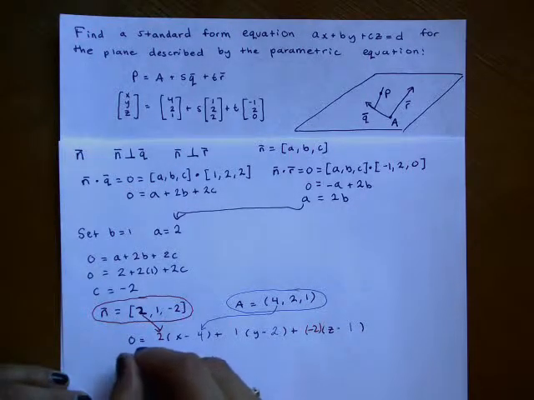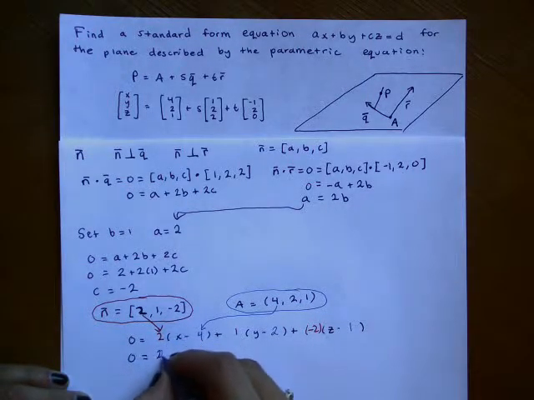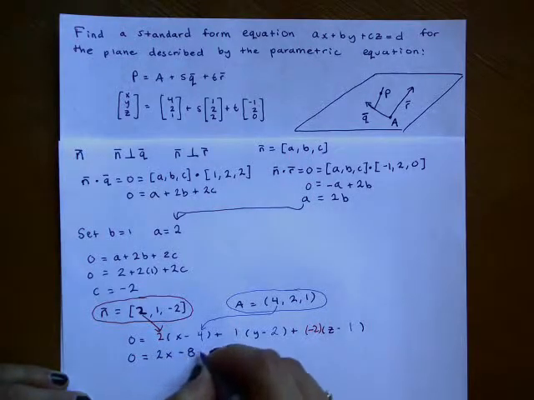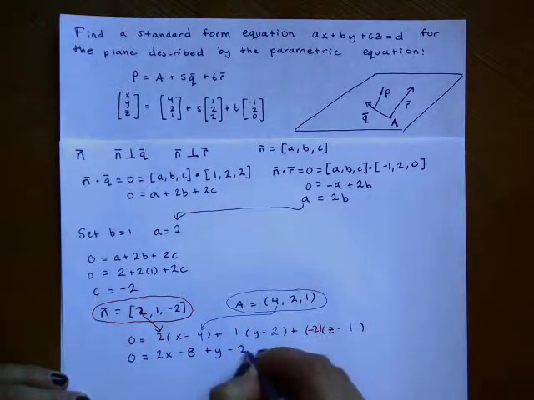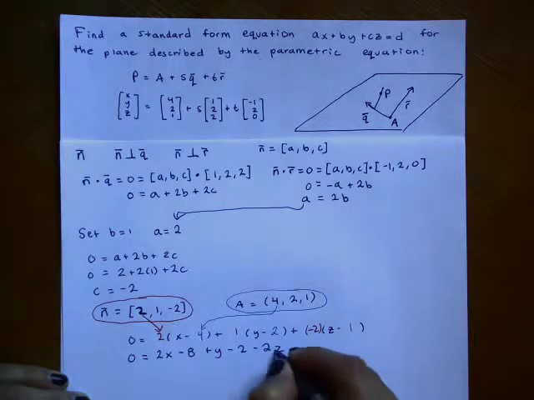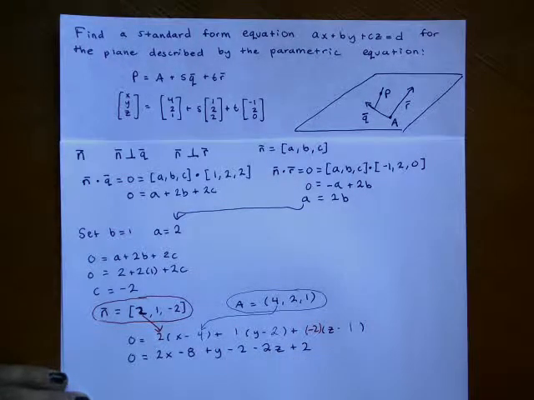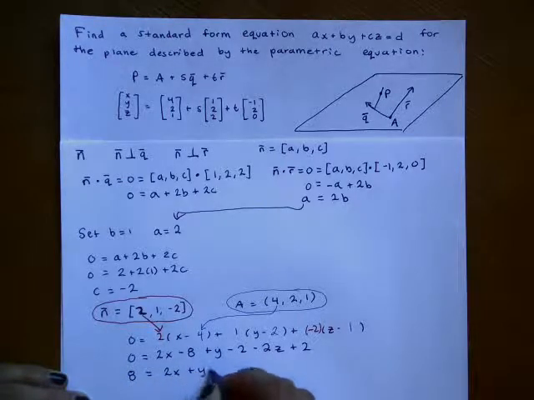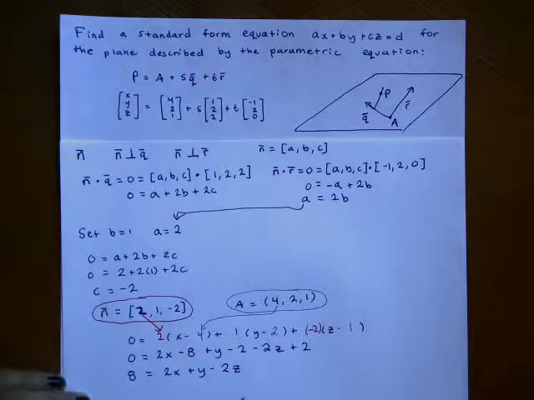So let's just expand this equation, and then we'll simplify it. So I've just moved all of the variables onto one side of the equation. So this is our standard form equation for the plane above.